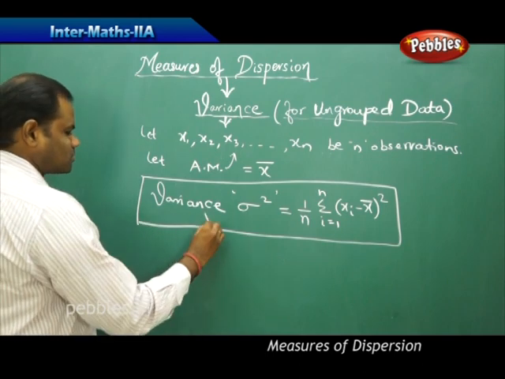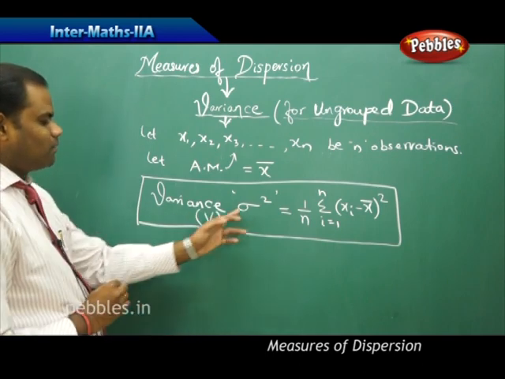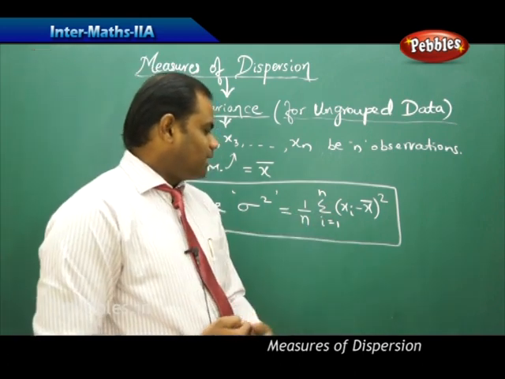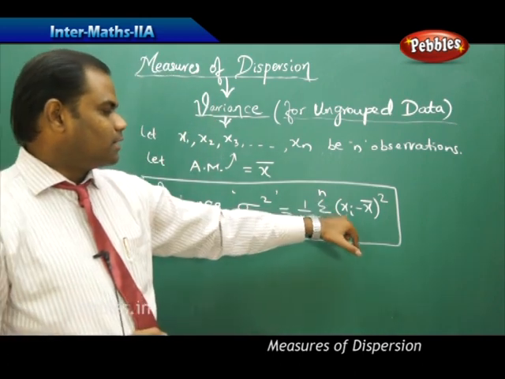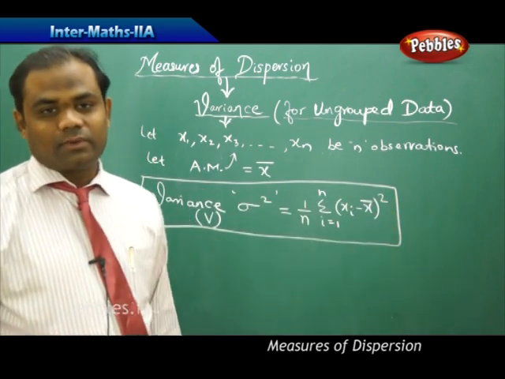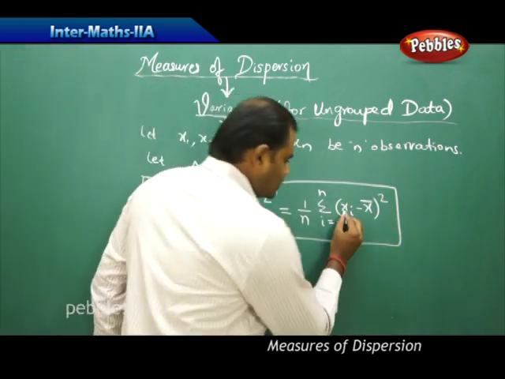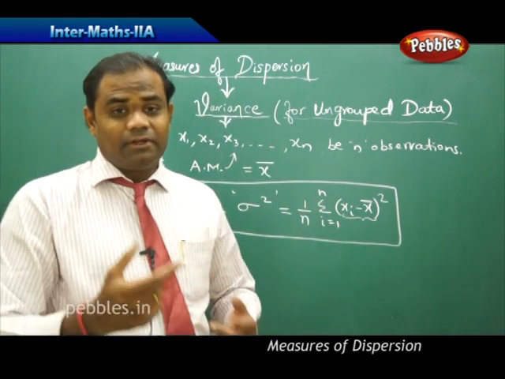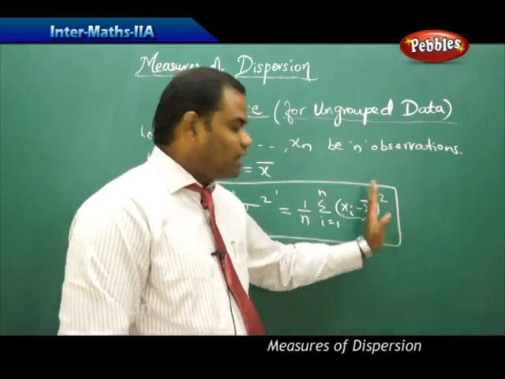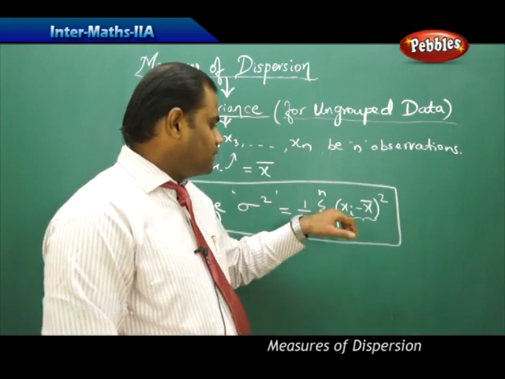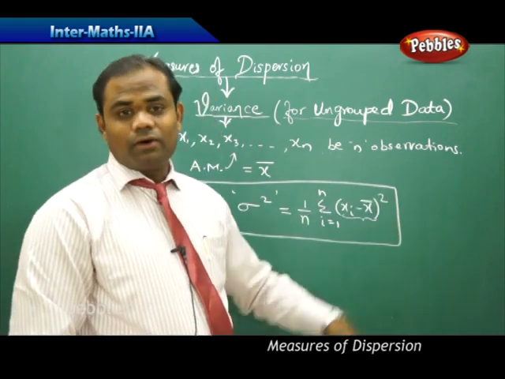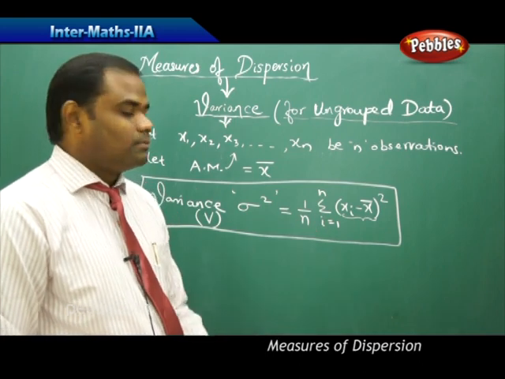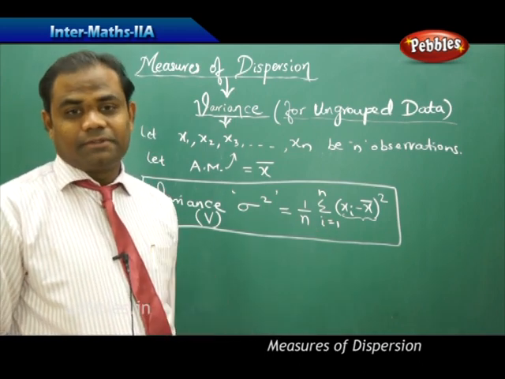So variance is also sometimes denoted by V or sigma square, and it is given by the formula 1 by n summation i equal to 1 to n xi minus x bar whole square. As I observe here, this is the deviation which is squared, whereas in the previous case of mean deviation, we had taken the absolute value of the deviation, but here we take the square of the deviation, which is how it gets differentiated from the mean deviation.